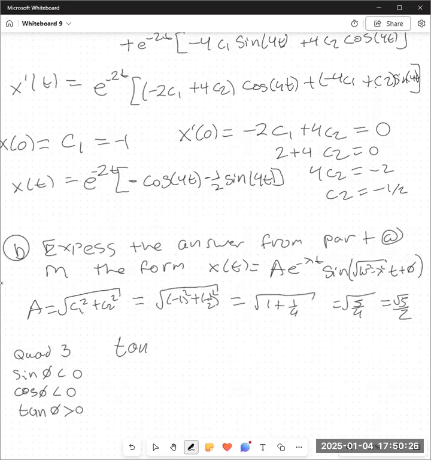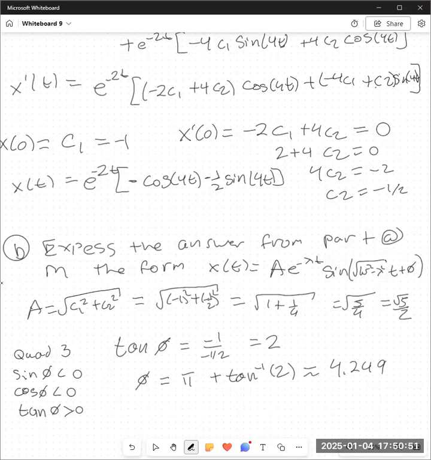So when I take tangent of phi and set it equal to c1 over c2, then phi is going to be equal to pi plus arctangent of 2, which is going to be approximately 4.249.